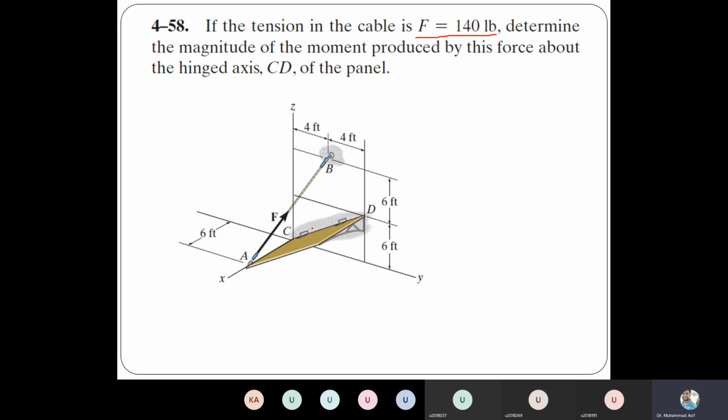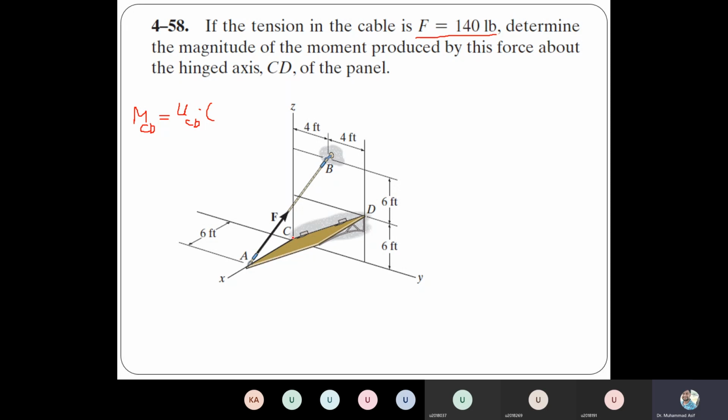So if you want to calculate the moment about the hinged axis CD, first of all you need a position vector and a unit vector. You basically need the unit vector along CD dot r cross F. On the line of action of F, you need any moment arm from the origin.